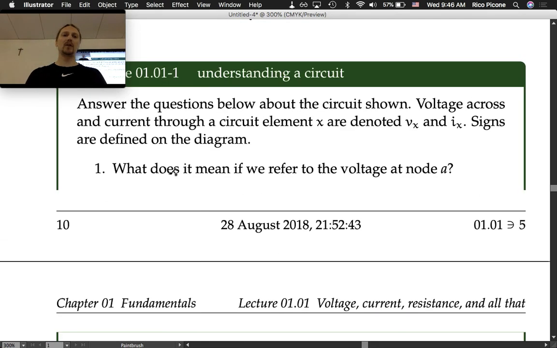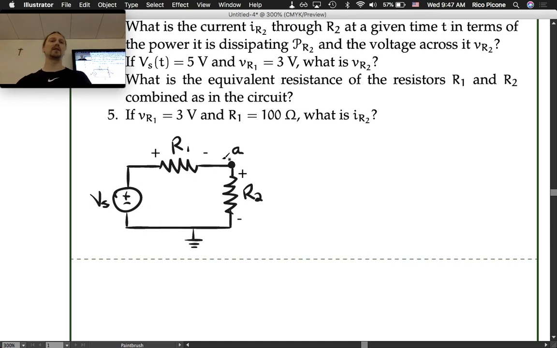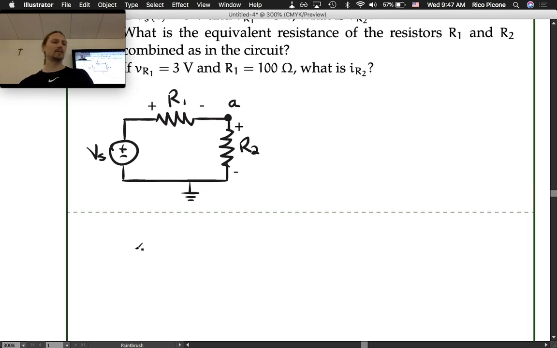So what does it mean if we refer to the voltage at node A? This is node A, I just defined node A to be that. I don't have a ton of time, but we can at least talk about each of these. What do I mean when I say what's the voltage at point A?